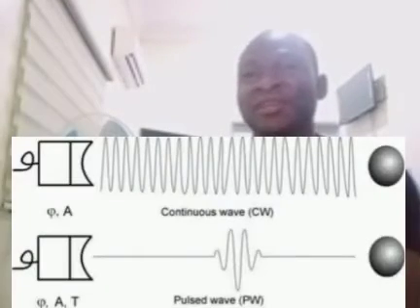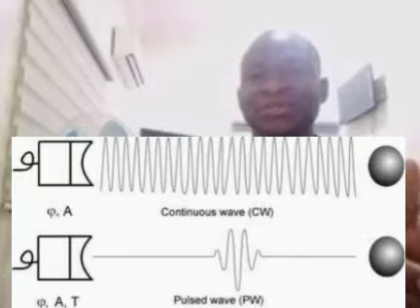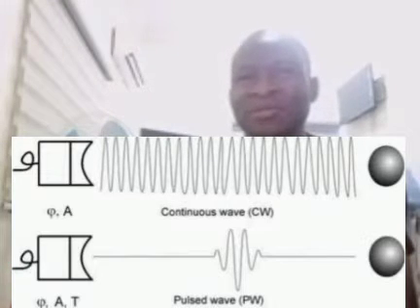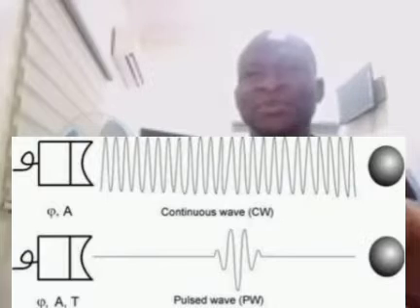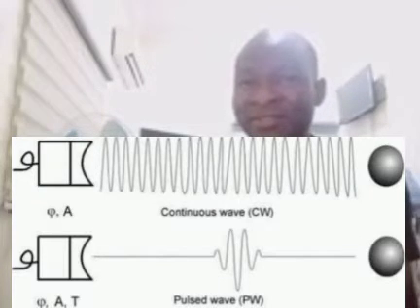So continuous wave ultrasound cannot produce an image. A transducer working in continuous wave mode always has two crystals. One group of crystals for transmitting ultrasound waves and another group of crystals for echo reception. Now the transmitted waves have uniform amplitude and frequency.